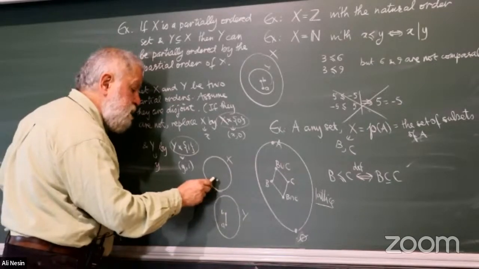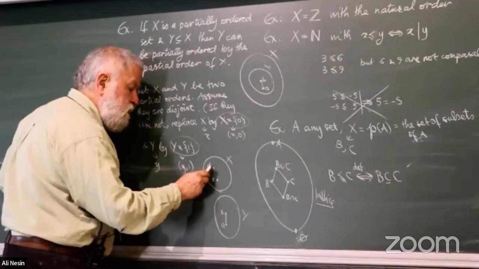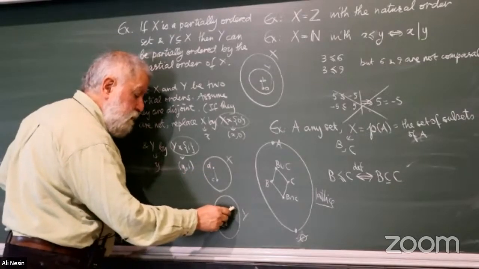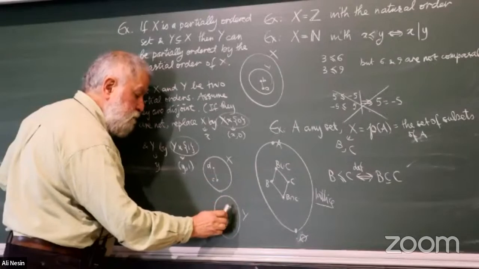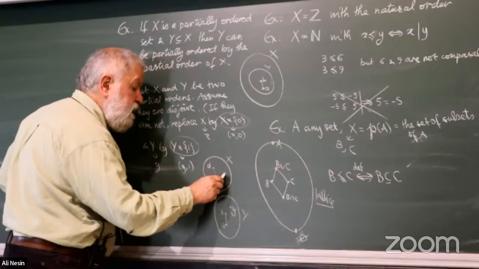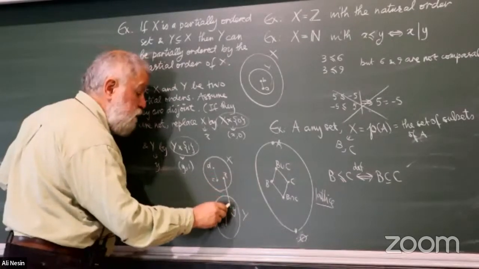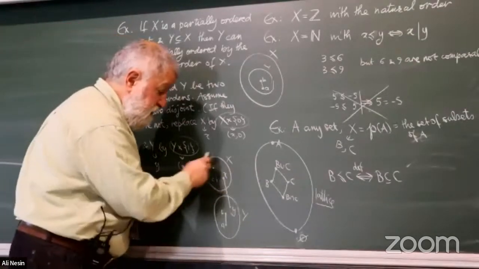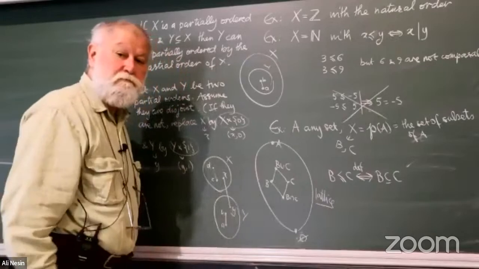If they are both in X, c and d, you also take the order of X. If one is in Y and another one is in X, then say that X is always larger than Y. So everything in X is larger than Y.